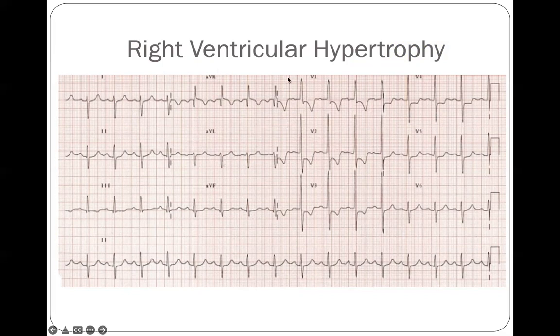So the 4 criteria for right ventricular hypertrophy are present. Presence of tall R in V1, V2, V3, and V4, presence of RV strain in the form of inverted T and ST depression in V1, V2, and V3. You'll find a tall R in aVR, and you find here a left posterior fascicular block, deep S in lead 1 and aVL.